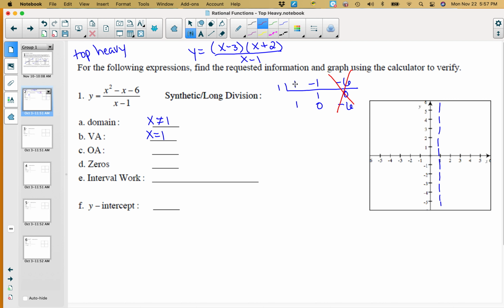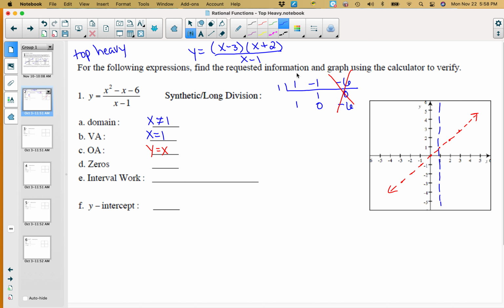So since this was x squared, this is x, so we have 1x plus 0, or just y equals x. So we have a slope of 1, 0 is the y-intercept, so it's going to pass through 0, 0. Just going to do this so I draw it correctly. And here is my oblique asymptote, or slant asymptote.